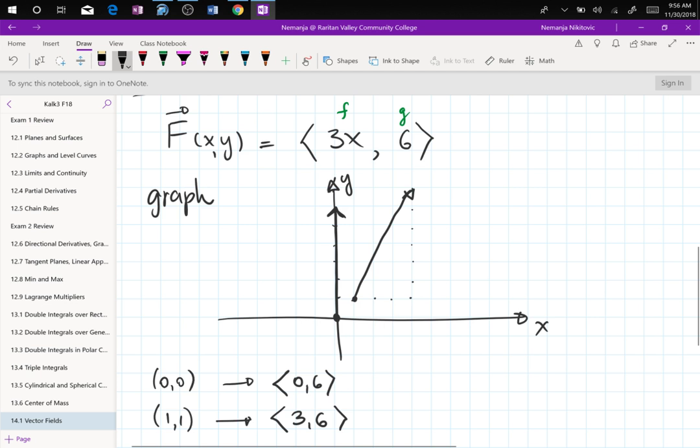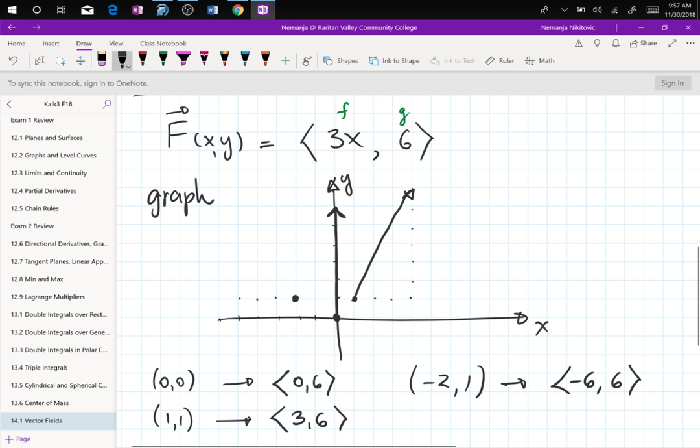What is happening for, I don't know, -2, 1? -6, 6. Because you will take the x coordinate, which is -2, plug it into the equation for x, and you will get 3 times -2, which is -6, so -6, 6. Oh no, wait, hold on. -2, 1 is here.